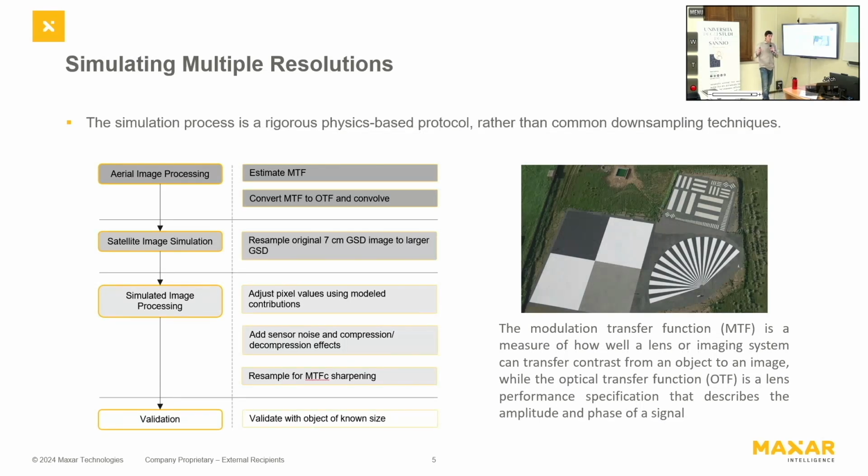When people compare super resolution images with an aerial image downsampled, they will see a difference because the downsampling doesn't represent what a satellite or an aerial platform sees.